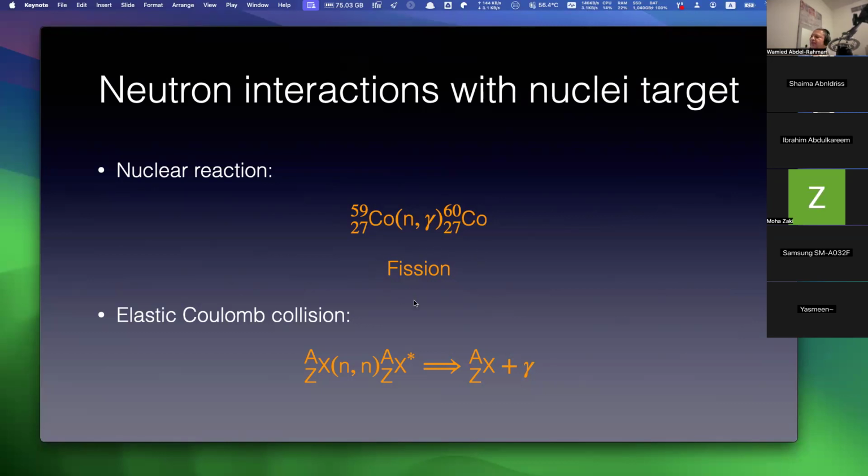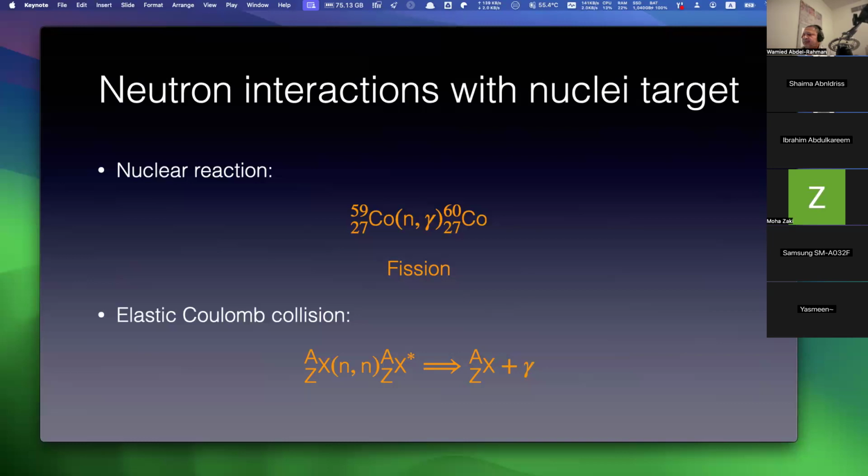Another famous example of interaction of neutrons with nuclei is the fission process. In fission, a neutron is going to be absorbed by a heavy nucleus. Usually it's uranium, I think uranium-235.